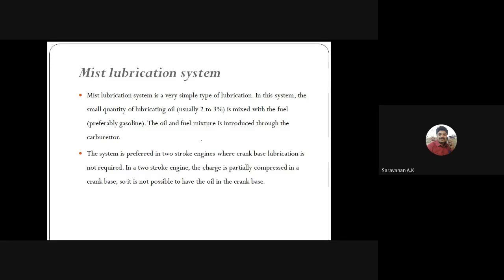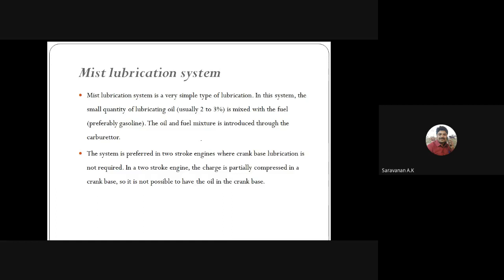This type of system is most preferred in two-stroke engines, where crankcase lubrication is not suitable or not required. In the two-stroke engine, the charge is partially compressed in the crankcase itself, so it is not possible to have oil in the crankcase.